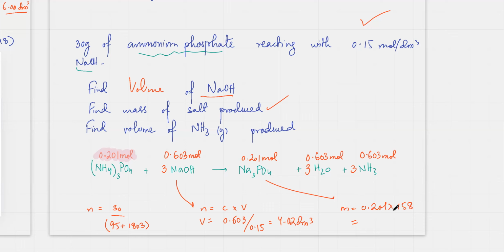So 95 plus 69, that's not 158 actually. What's the MR? 164. You're getting 164. What's the mass that you're getting over here?